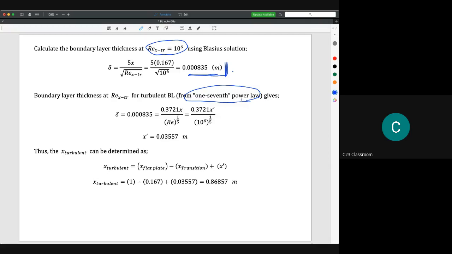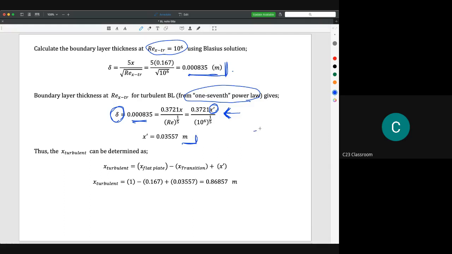So I use the 1/7 power law. The delta is 0.000835, and we equate it with the delta equation from the 1/7 power law. So we can get the x here, which is 0.03557 meters. I hope you can understand.